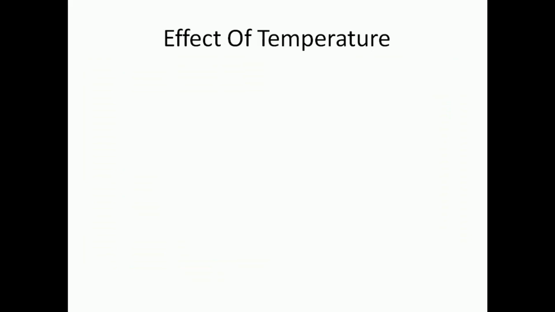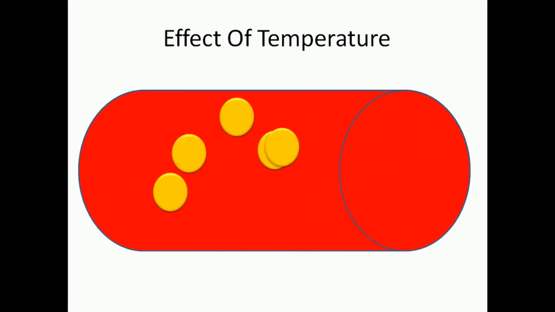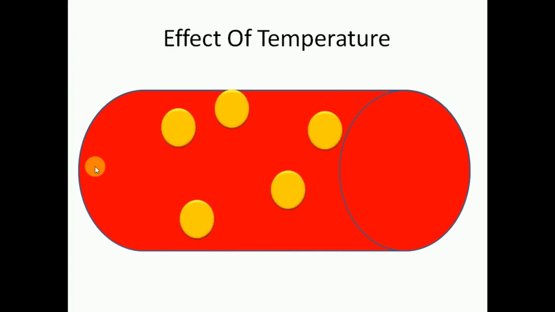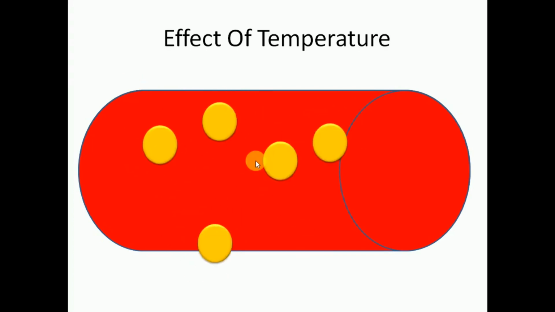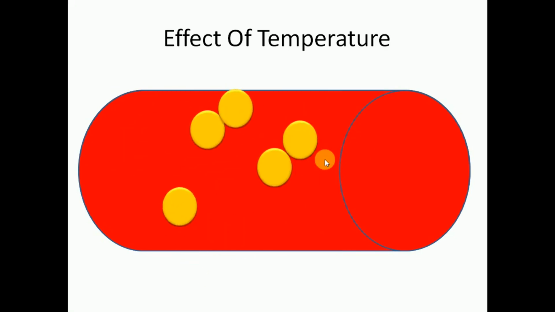Another thing I want to discuss is the effect of temperature on drift velocity and relaxation time. As we all know, a conductor consists of atoms, and free electrons can move through the conductor. When we increase the temperature, these atoms start vibrating. It makes it difficult for electrons to move through, so it will increase the resistance of the conductor.